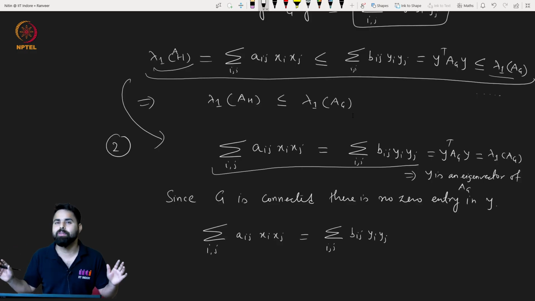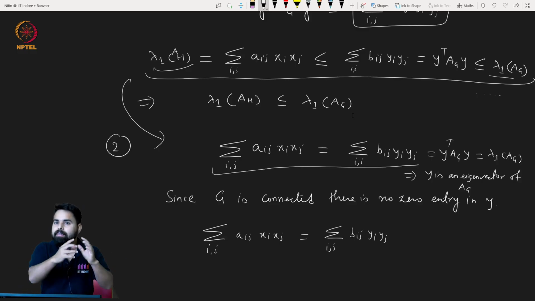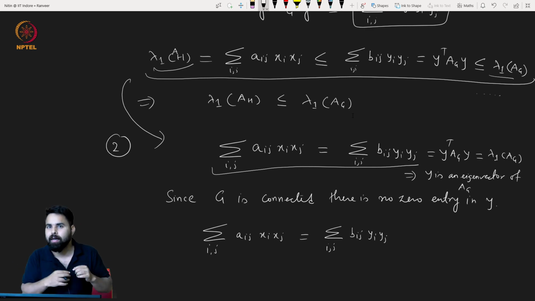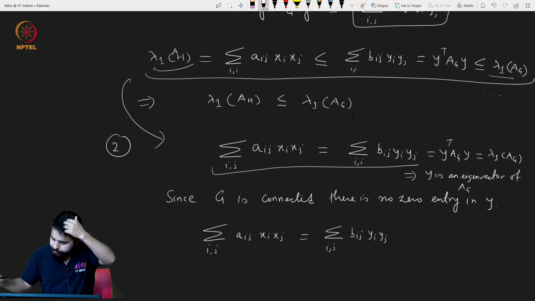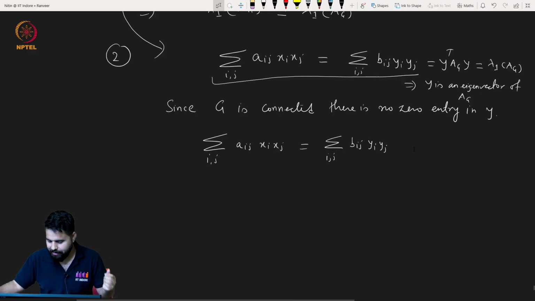There is no zero inside y. Because y is coming from x with some padding, all the corresponding entries in x will always be positive. So what does this imply?